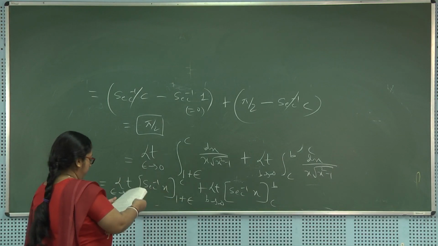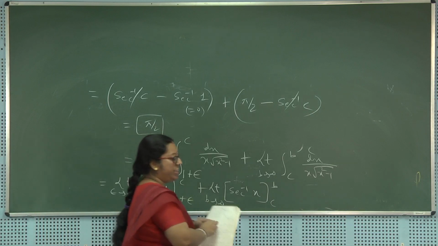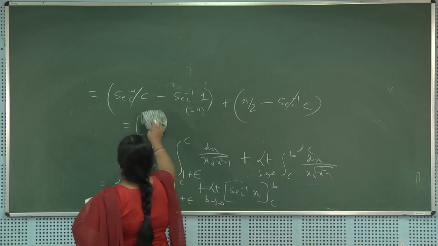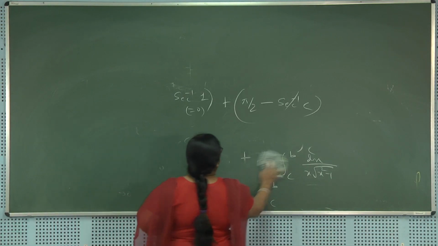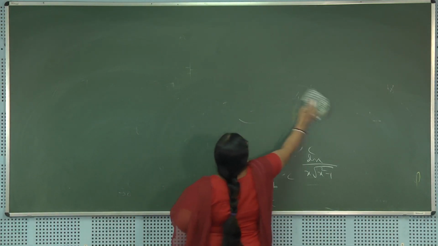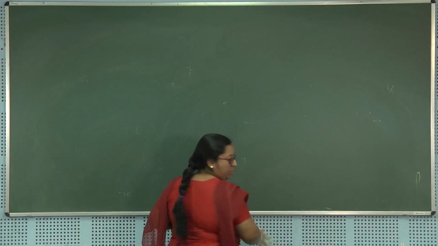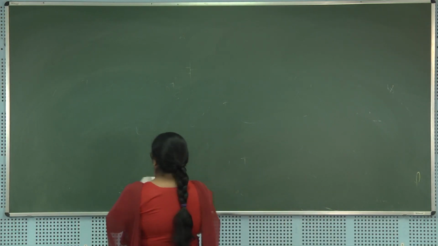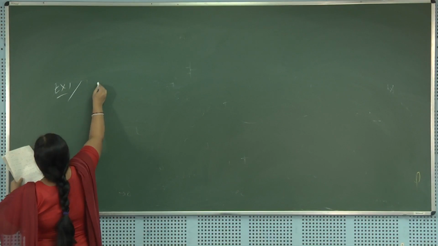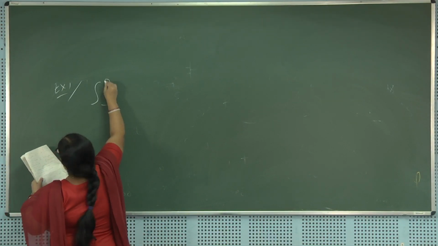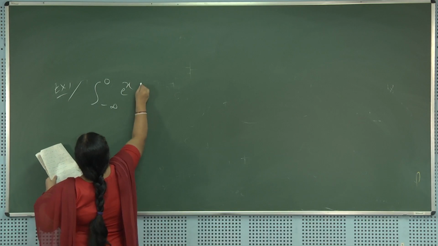Next, some more problems we can give as an exercise. For example, exercise 1, what will be the integral from minus infinity to 0 of e to the power x dx.